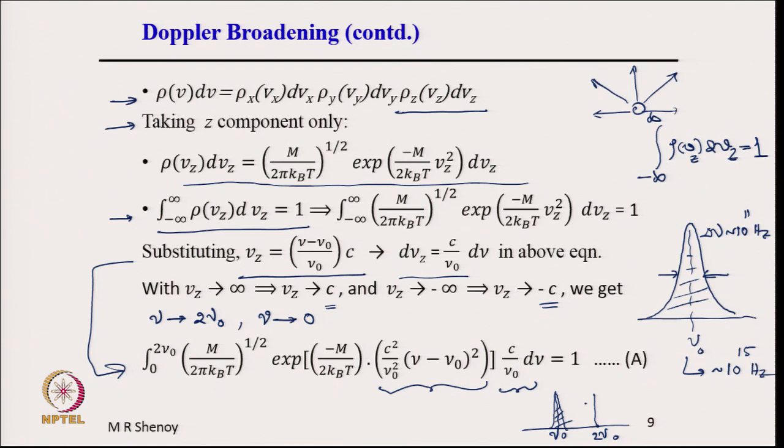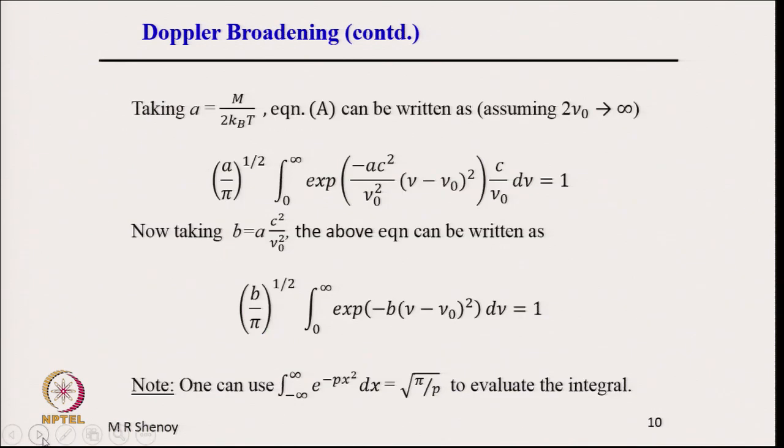This width is much smaller compared to this separation. The point I am making is the integrand here will be 0 beyond a certain frequency range, and therefore, instead of writing from 0 to 2 nu 0, we can as well write it from 0 to infinity.